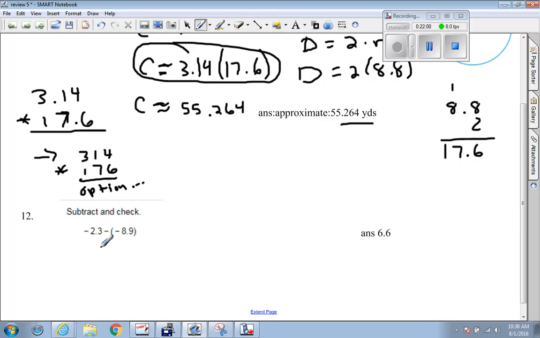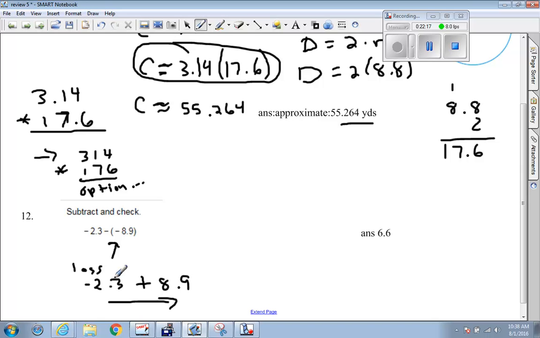Again, this one is just practice with decimal operations. Negative 2.3 minus negative 8.9, you've got that double negative there, which becomes a positive, so negative 2.3 plus 8.9. And from there, just think of money, loss.